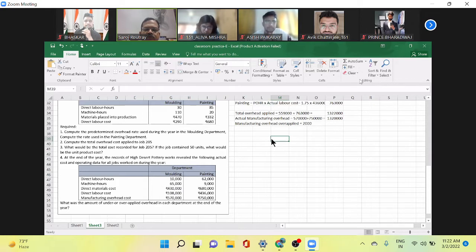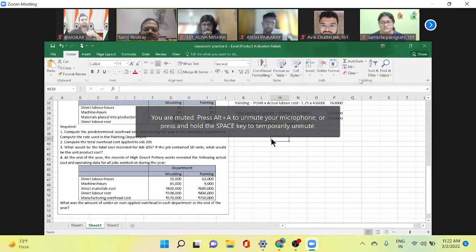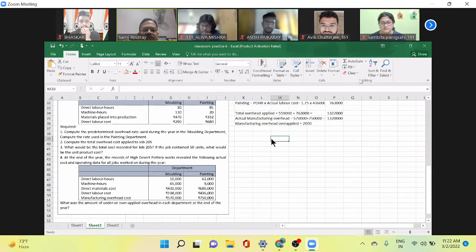So what we used to do, we first calculate the POHR, and on the basis of POHR, we charge manufacturing overhead to different jobs. And when we charge to different jobs, means all the jobs done during the period, that is called manufacturing overhead applied to the whole department, to the department as well as to the cost of jobs, all the jobs done.